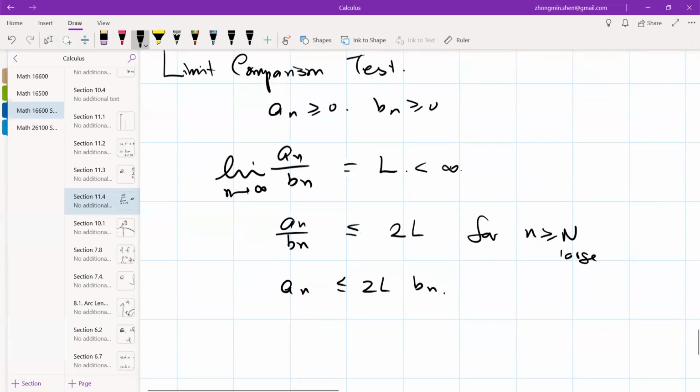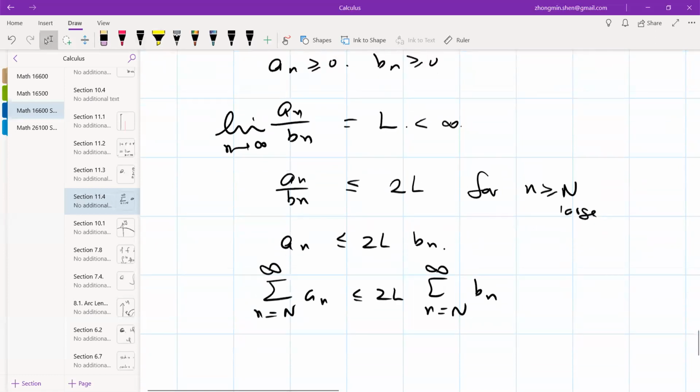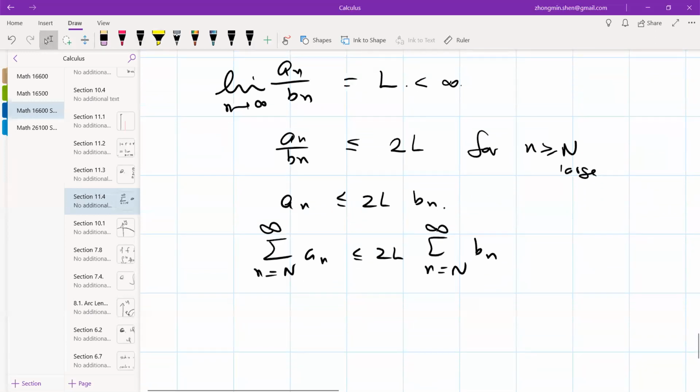So a_n is controlled by b_n. This is the argument. I already gave you the argument, so you can ignore that part.